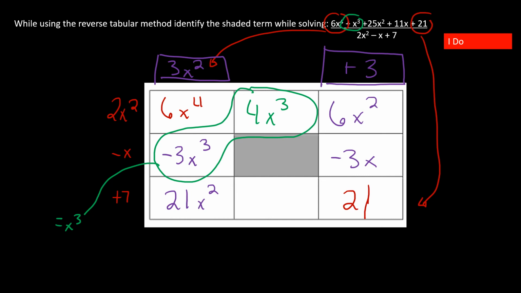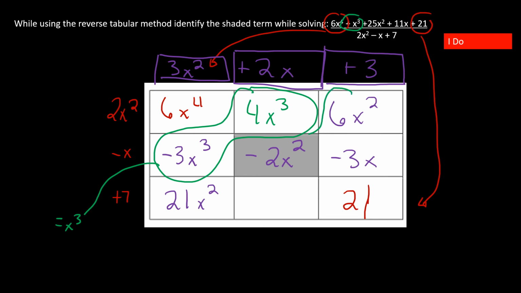Okay, that means that I can solve for this factor up here. All right, I can solve for this guy now, because some factor times 2x squared should give me 4x cubed. Well, that would be a 2x, a positive 2x. So then now I can solve for this gray square. I can do 2x times negative x would be negative 2x squared. Now I want to just make sure that I'm doing this correctly.